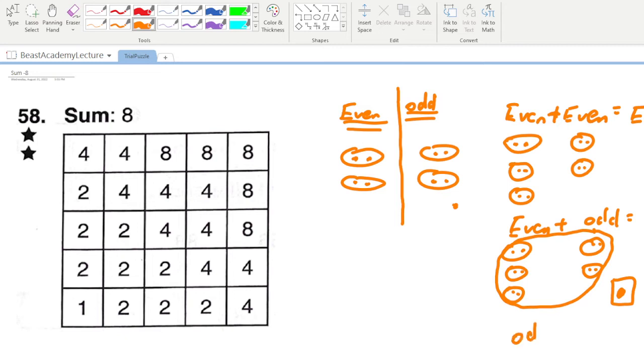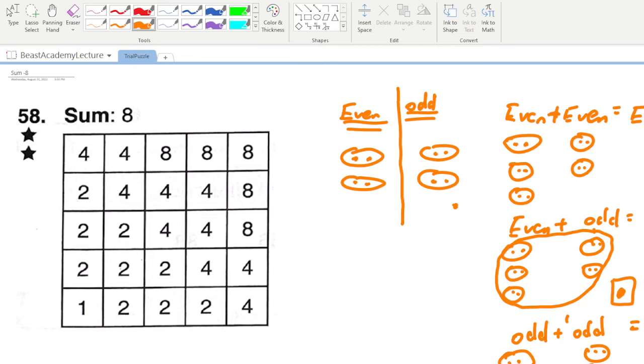Then who can tell me odd plus odd? Even. It is equal to even, right? Let's see why. I have some pairs and a single for the first odd, and for the second odd I also have some pairs and a single.